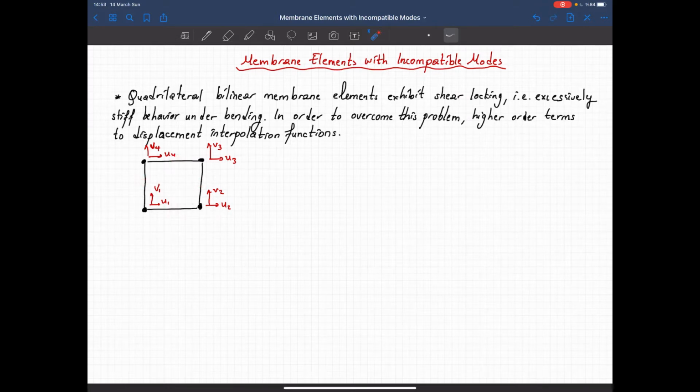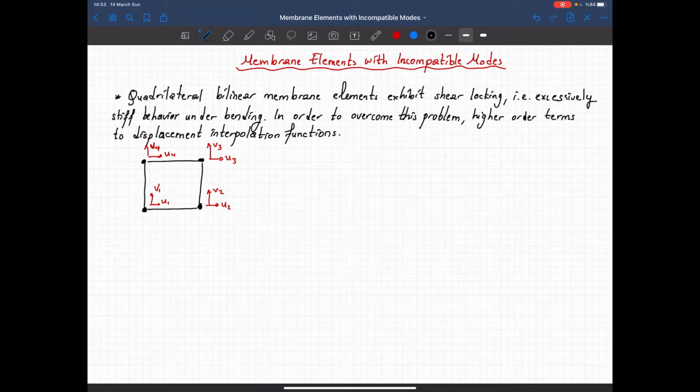So if I want to define higher order terms, I should have more variables, right, in the x direction, for example. But as an alternative, if you think about the Rayleigh-Ritz approach or the beam element with the general displacement field, I don't have to use the nodal displacements as a variable in my shape functions, right?